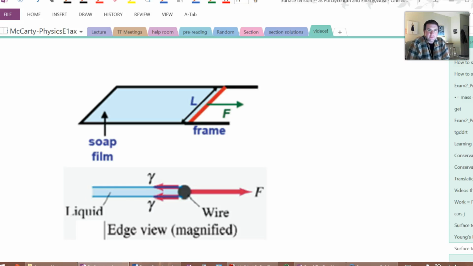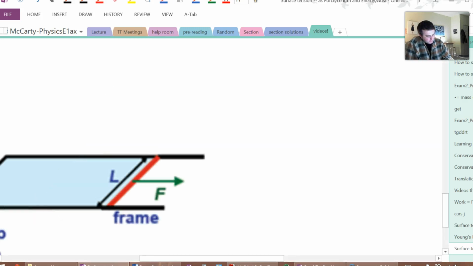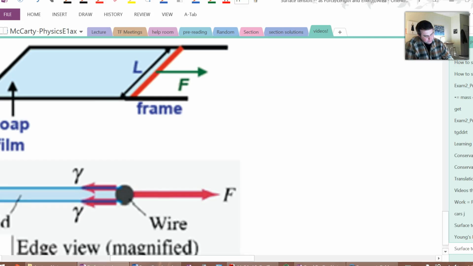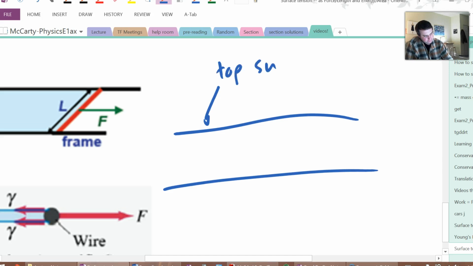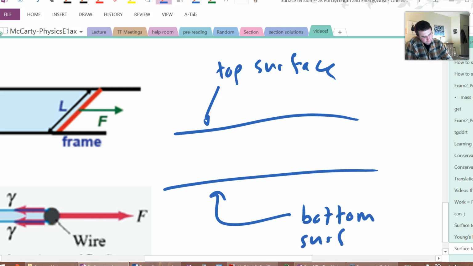If we were to look at surface tension in terms of a film, what we'd find if we look very closely is that the film actually has a top surface and a bottom surface, and it actually has liquid in between the surfaces.